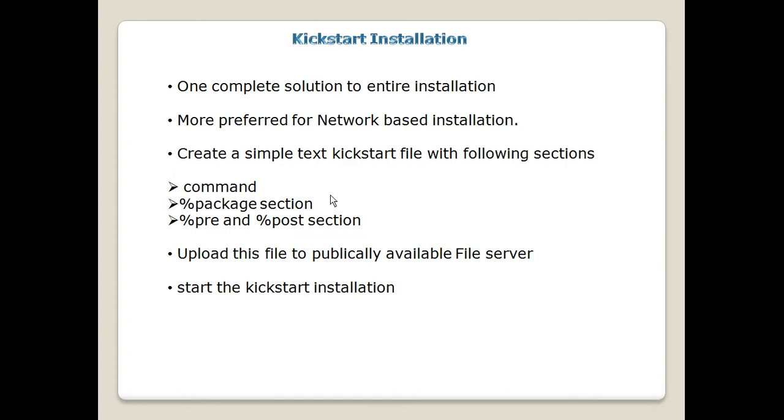Then there are various pre and post sections which are basically optional, and they contain certain scripts for the various configuration options. Now after preparing this kickstart file, you upload this file over the file server, and then from there the various client machines obtain that file and run that installation.